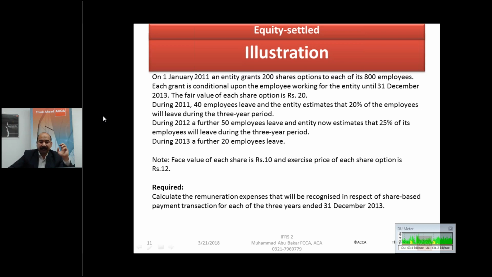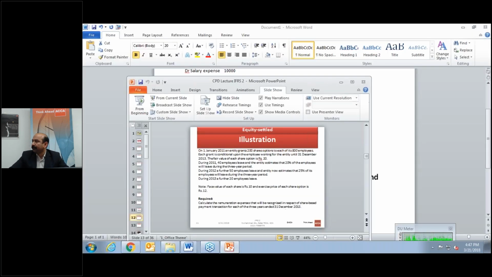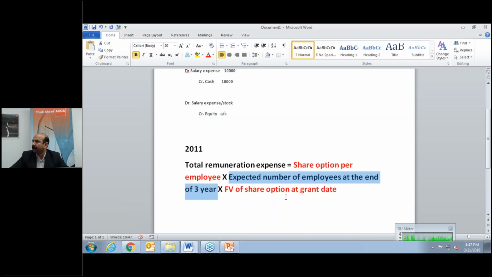So what will be the entry, if we come back to our calculation? Here, share option per employee. How many share options per employee? 200 options per employee.